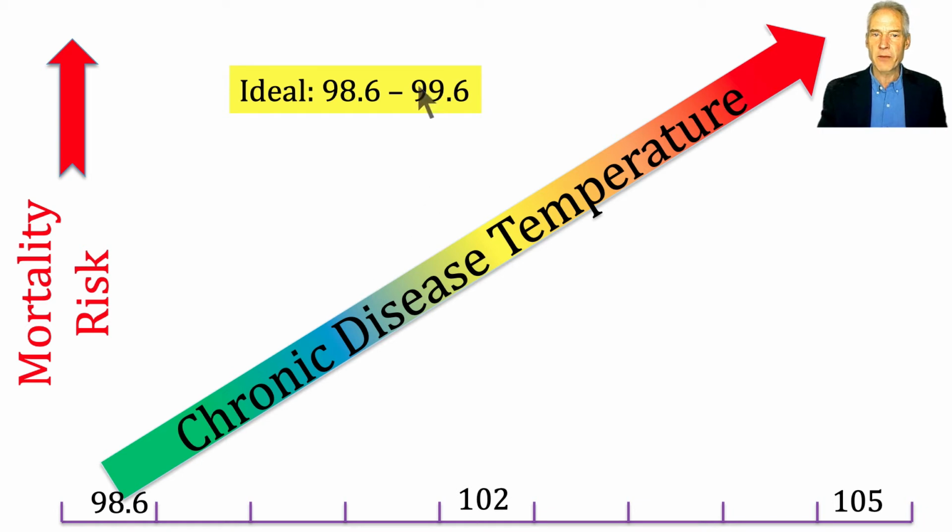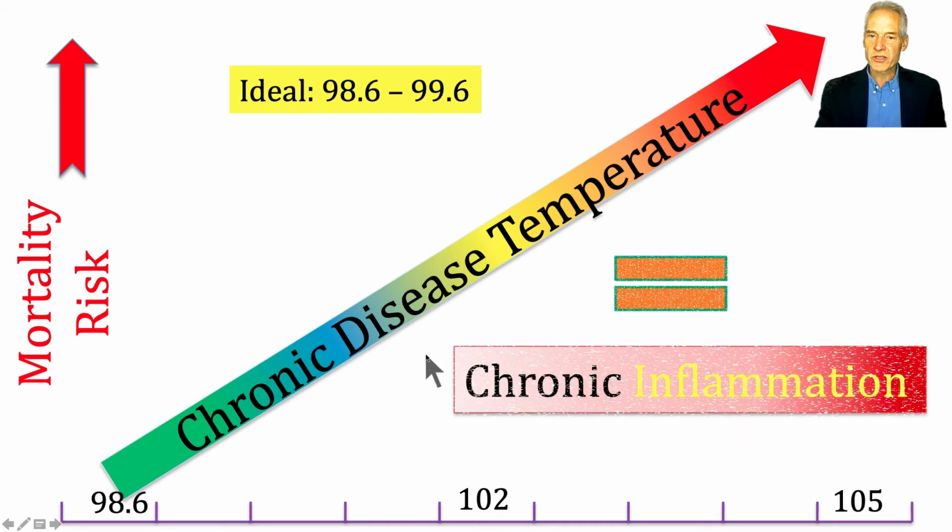So an ideal number in your chronic disease temperature is 98.6. Anything between 98.6 and 99.6 is a good number. But as your chronic disease temperature number goes up, your early mortality risk increases proportionally. So let's look at what this is all about.